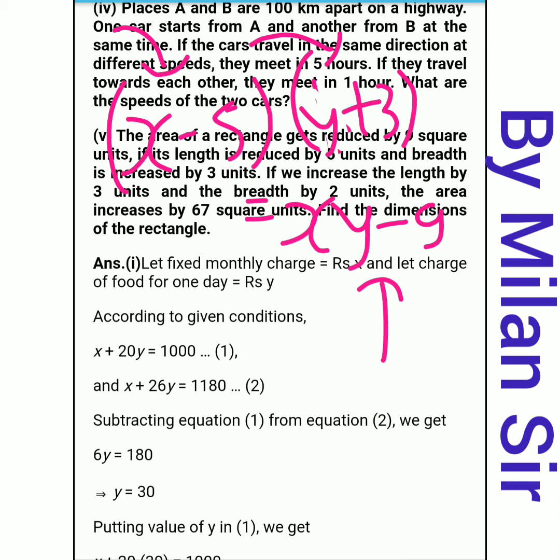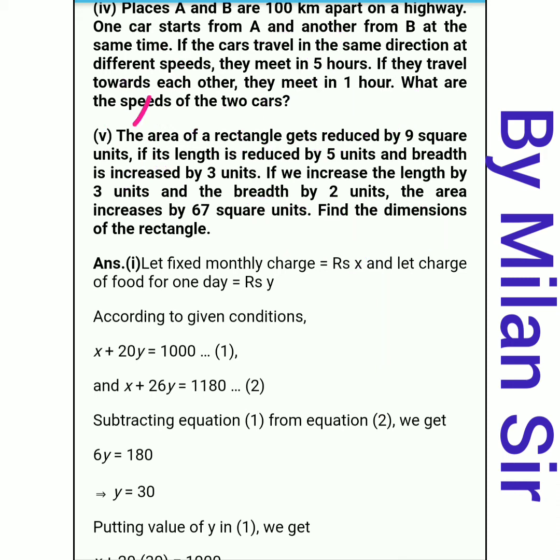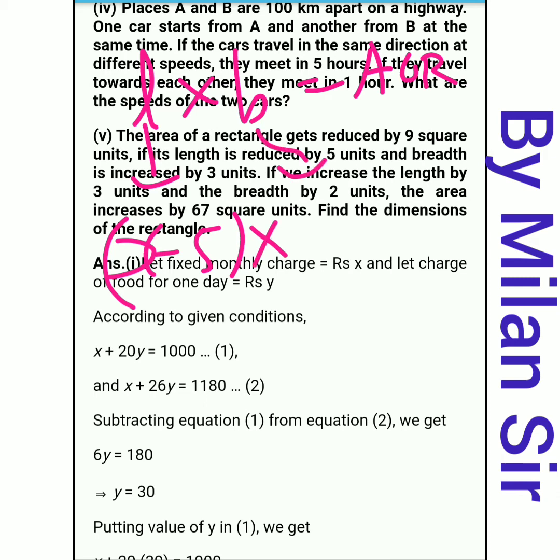Again, the original formula: L into B is equal to area of rectangle. Here in L we need to reduce by 5 units, so x minus 5, it is our new length, multiplied by new breadth. We need to increase by 3 units, so y plus 3, equals our new area.